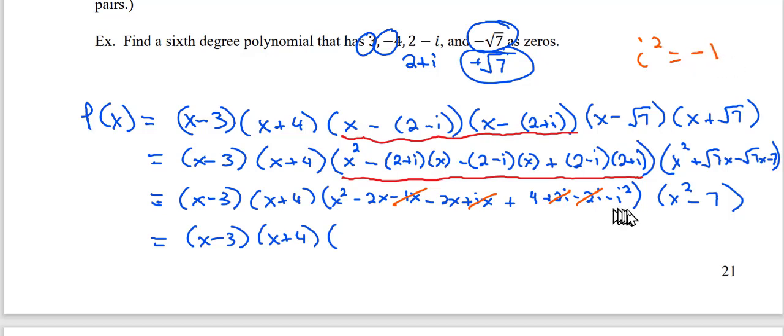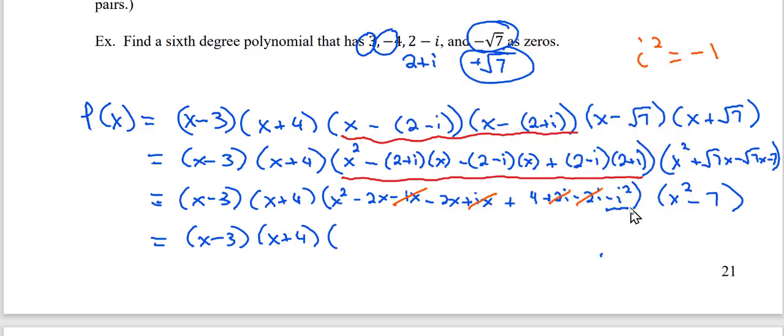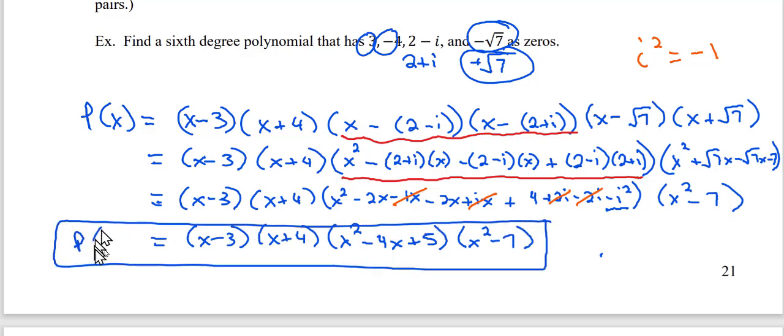So I have minus -1 right here. So I have x squared minus 4x plus 5, and then x squared minus 7. This would be a common way to see this polynomial function. That would be a 6th degree polynomial if I wrote it out, and it has all of those zeros.